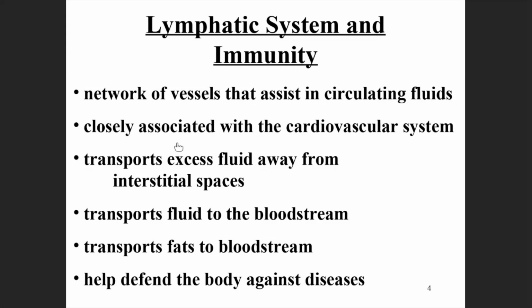Unlike the cardiovascular system, where you have 5 liters of blood flowing within it, the lymphatic system is not a closed system; it's an open system, so you can have more fluid enter it, and it usually starts at a blind end pouch or something like that.